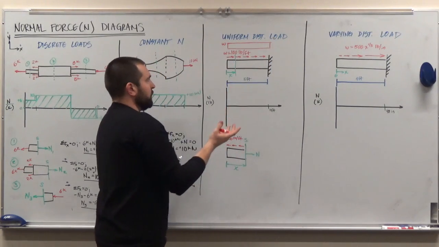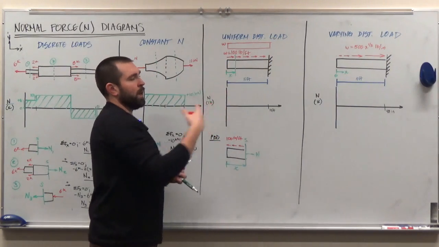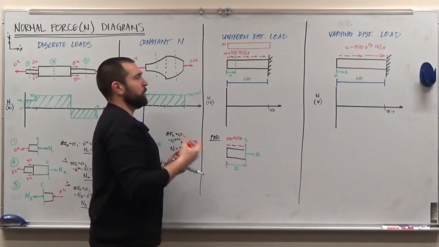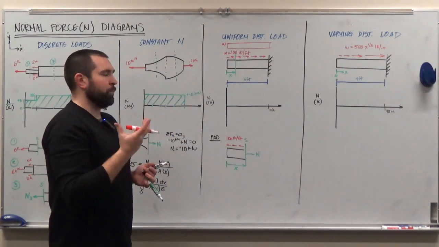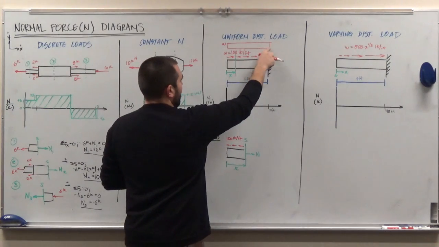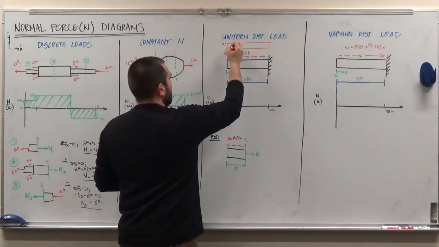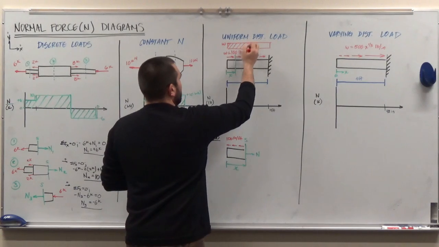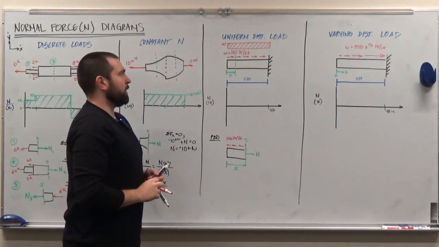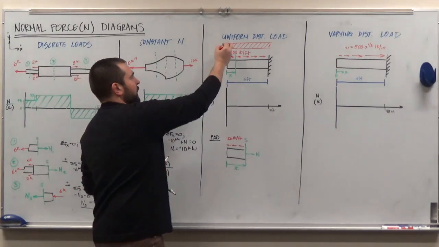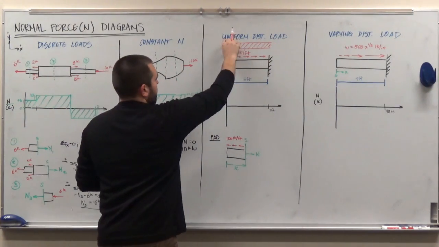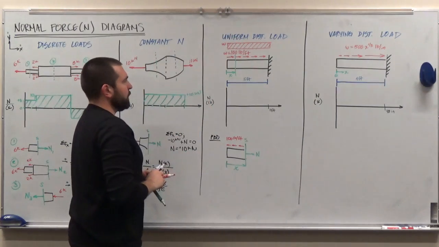And so the resultant, or to go from a distributed load into an actual force itself, we see that the units here are pounds per foot. So to get to force or pounds, all that I have to do is multiply by a distance. Right? That distance is going to be the length that the loading is applied on. So the total resultant force here is the area underneath that loading diagram. Here it's constant, so it's just the base, the width, times the height, which is w.